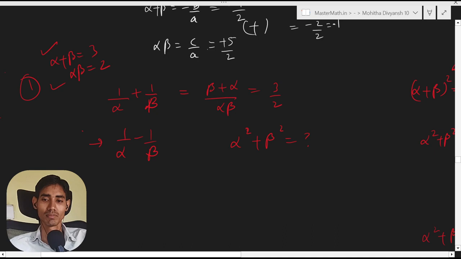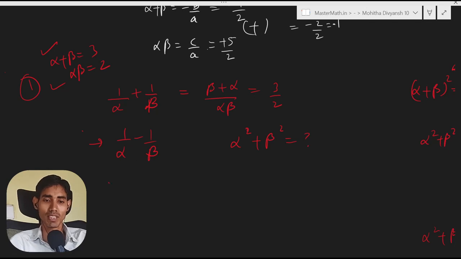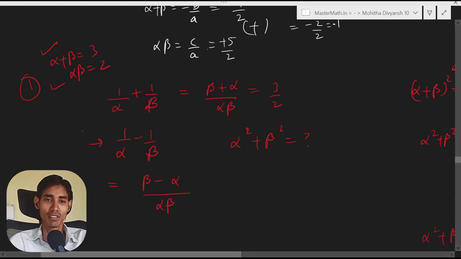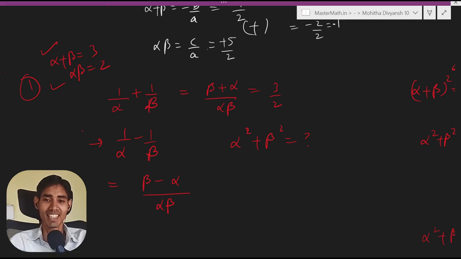With finding the LCM, that is the first step. So beta minus alpha divided by alpha beta. Still we are not getting rid of this negative thing.